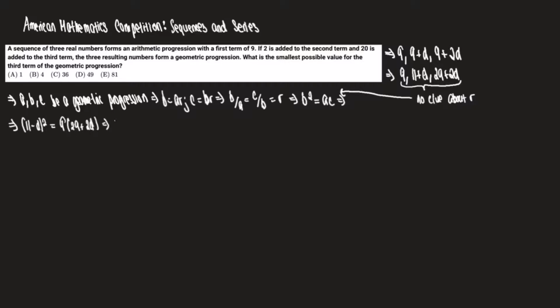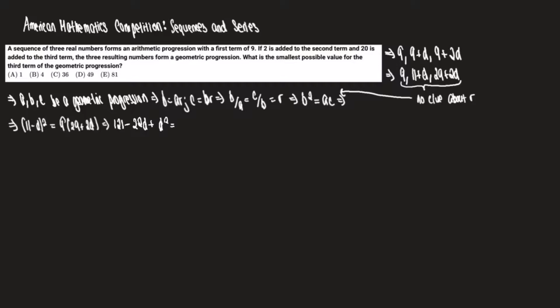Let's multiply that. So we get 121 minus 11 times D plus 11 times D. That's 22D plus D squared. And that's equal to 9 times 29. 9 times 9 is 81. So we got 81.